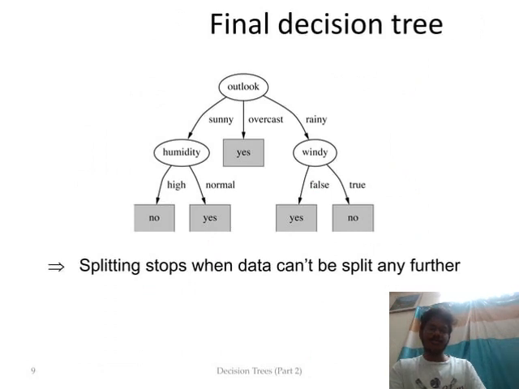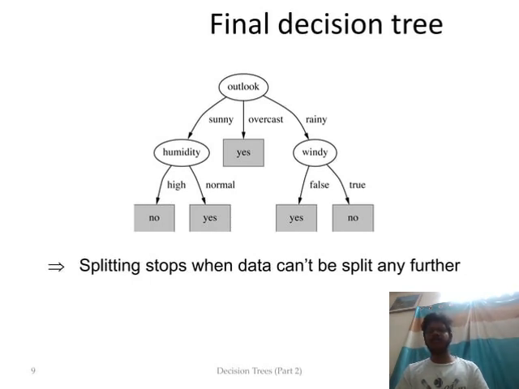So by using the outlook attribute, we are constructing the final decision tree. By this, we are taking the outlook, and after that, there are sunny, overcast, and rainy.